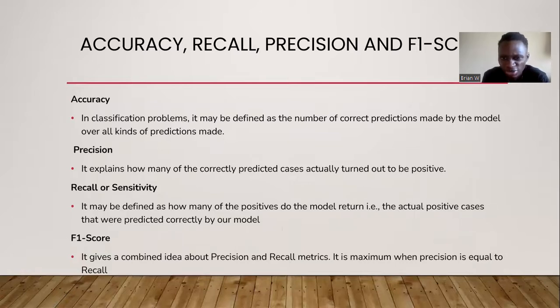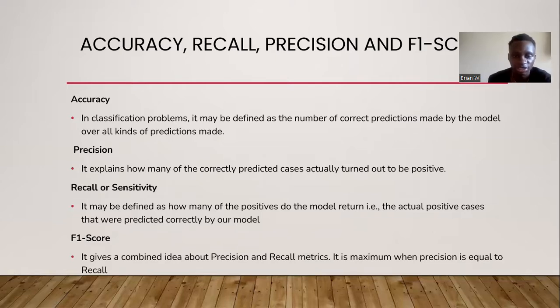Accuracy is basically the number of correct predictions made by the model over all the kinds of predictions that were made.